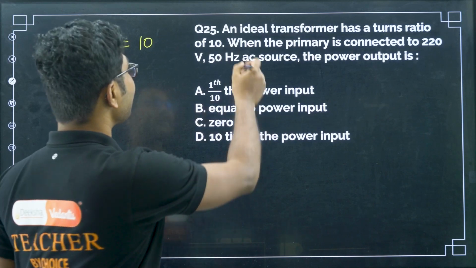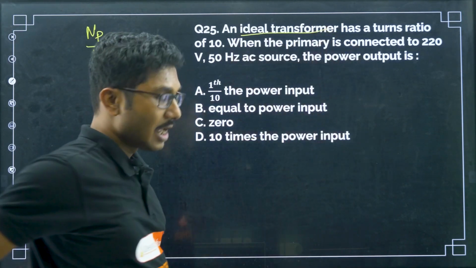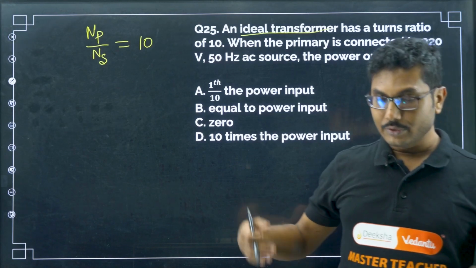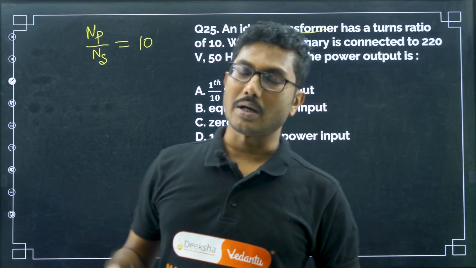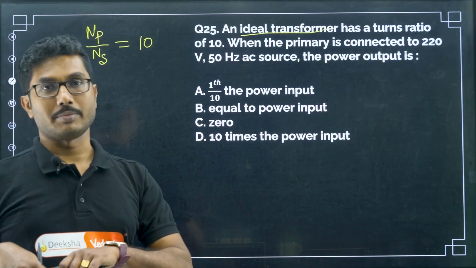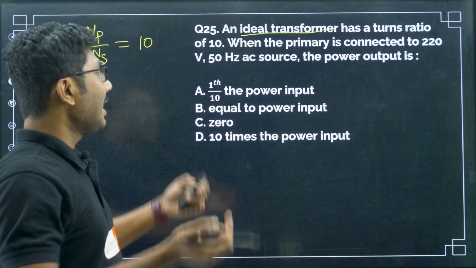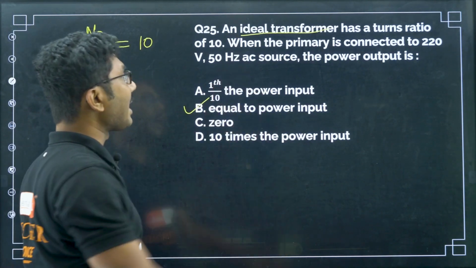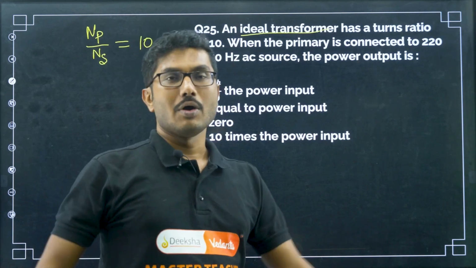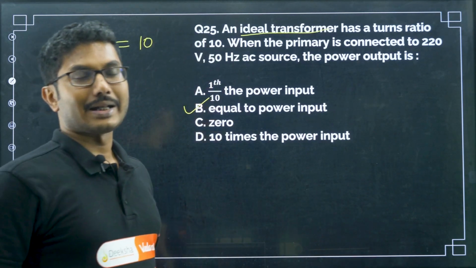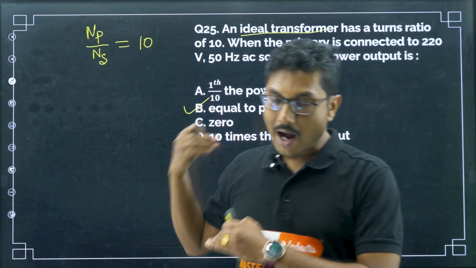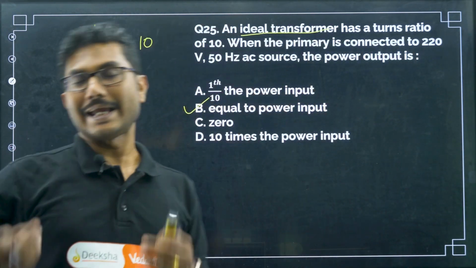Now here they have mentioned ideal transformer. Ideal transformer means whatever power you are giving to the transformer, the same amount of power you are getting back from the transformer. That means input power should be equal to output power. So it does not matter what the turn ratio, voltage or current is, as long as it's an ideal transformer, it is working perfectly. Power wise it will be the same.